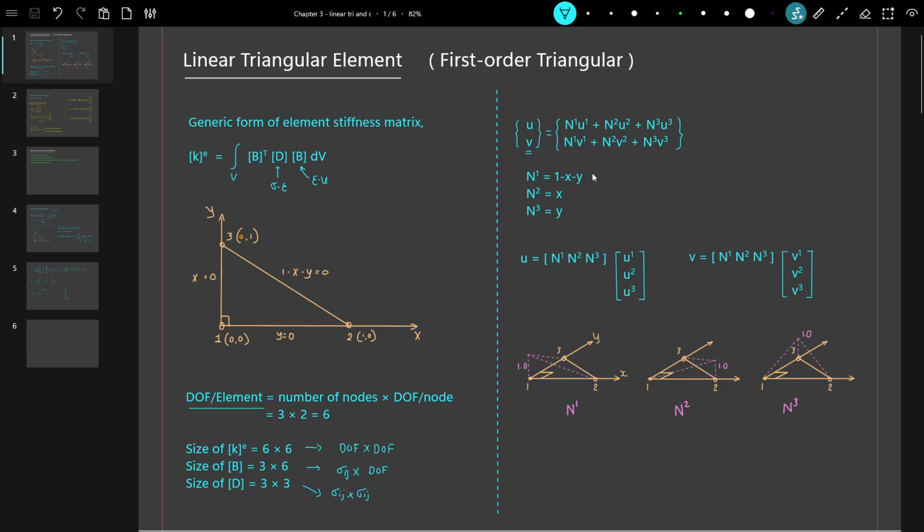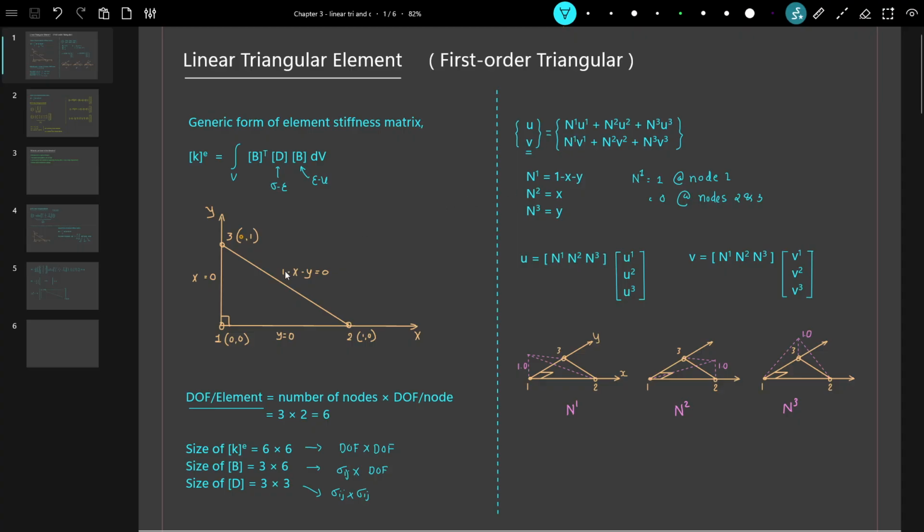Now we know the shape functions are selected such that, for example, N1 should have value 1 at node 1 and should be 0 at nodes 2, 3, the remaining nodes. In that case we can satisfy this: u at node 1 is equal to 1 into u1. That means u at node 1 is equal to u1.